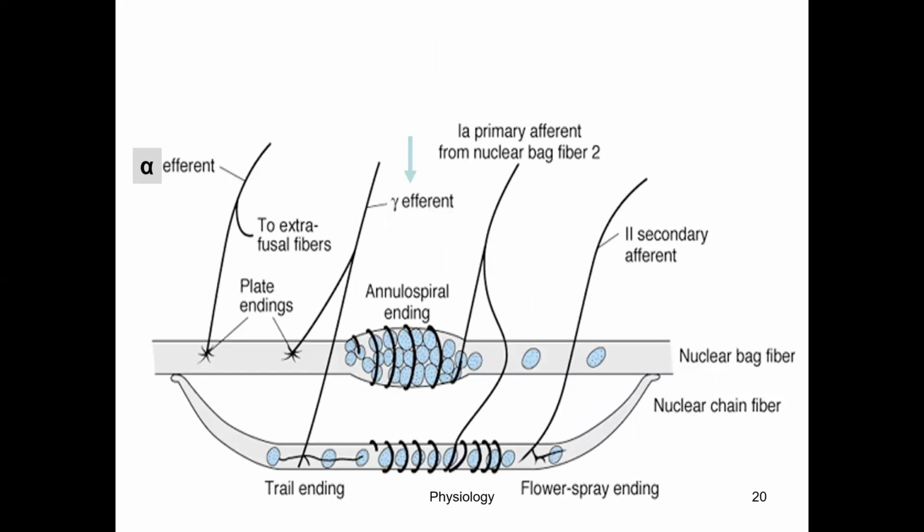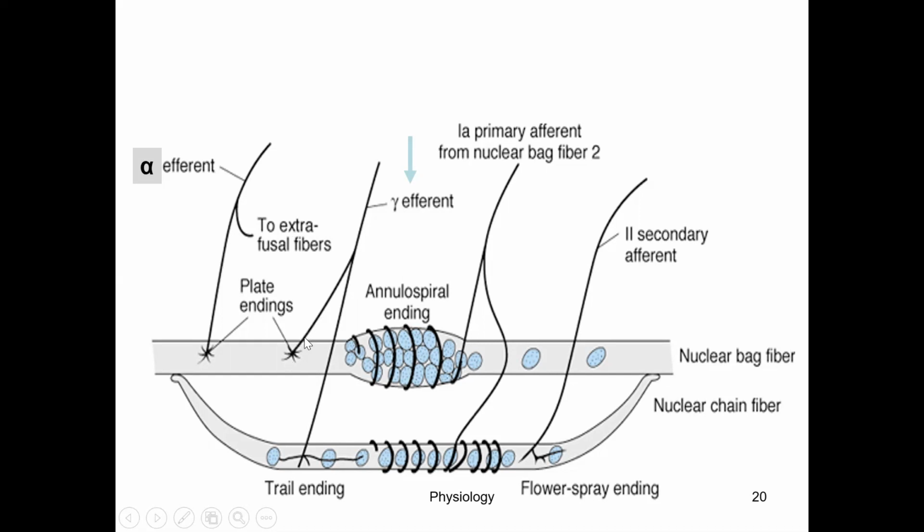So again, I will repeat both sensory and efferent. For sensory, we have two components, group 1A and group 2 fiber. Group 1A goes to the central, non-contractile portion of the nuclear bag fiber and the nuclear chain fiber, while group 2 goes towards the peripheral portion of the nuclear chain fiber. These two, group 1A and group 2, are the sensory fibers. Now for the efferent, we have gamma fibers, both static and dynamic.